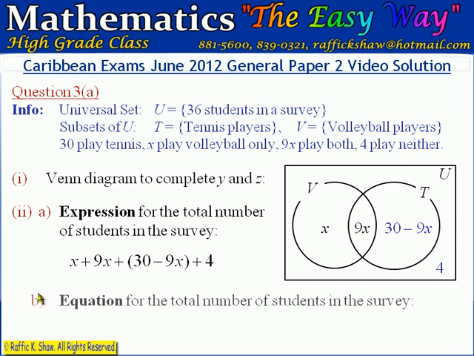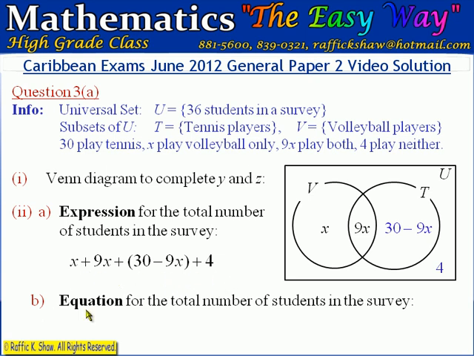Then we're asked to write an equation for the total number of students in the survey, and to use that equation to find the value of x. The total number of students in the survey we know is 36, and this expression represents the total number of students.